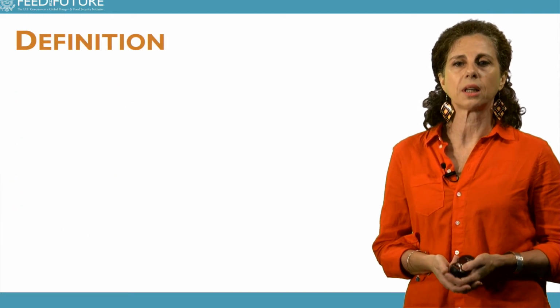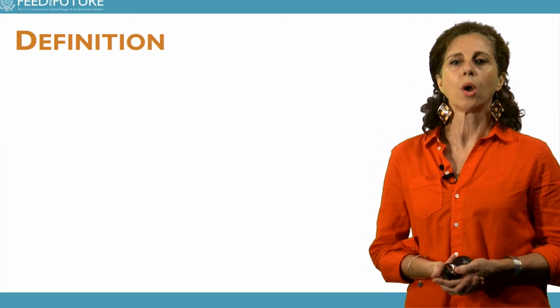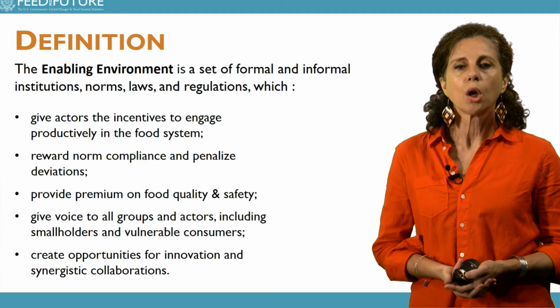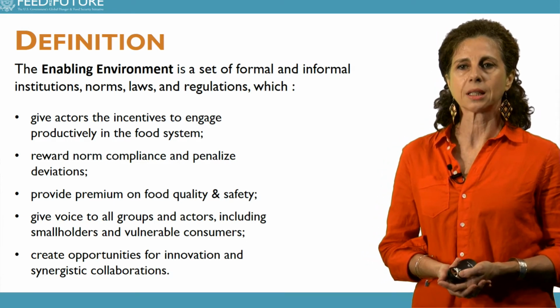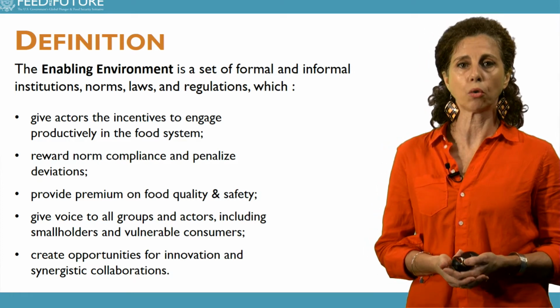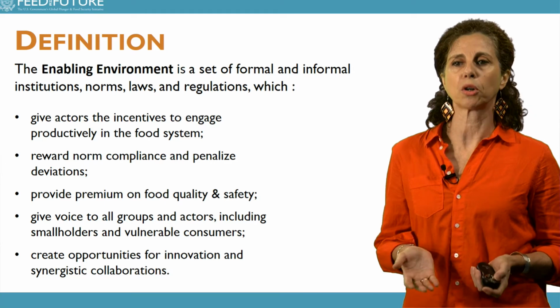So before starting the course material, we would like to define for you what is enabling environment and how we use it in this course. We define enabling environment as a set of formal but also informal institutions and norms, laws and regulations which do a number of things.